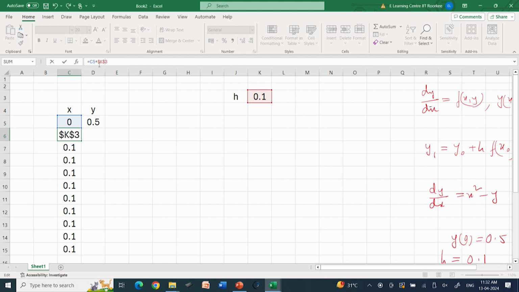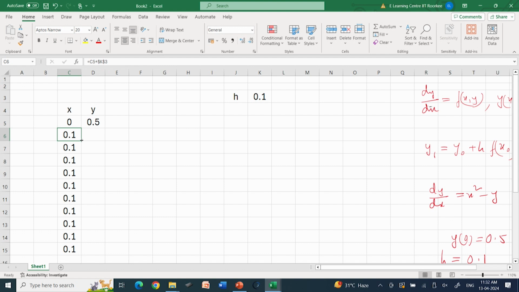So, if you write a cell number like $K$3, then this will be taken as constant. Otherwise, according to the inbuilt system here, this will tend to take all these values in the next steps, and these values are zeros, basically there is no entry. So, that is why you have to be careful when you want to take this as a constant value, you have to put a dollar sign in between.